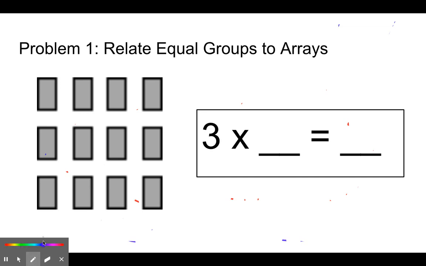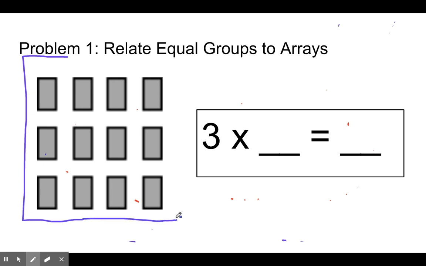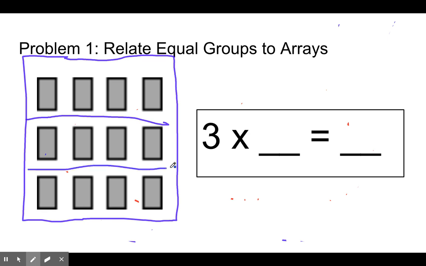All right, so even though it wasn't boxed like what I do, this is an array because we have objects in rows. And each row has the same amount of objects, so that is an array. This number 3 tells us how many equal groups, right? Do you agree? We have 1, 2, 3.